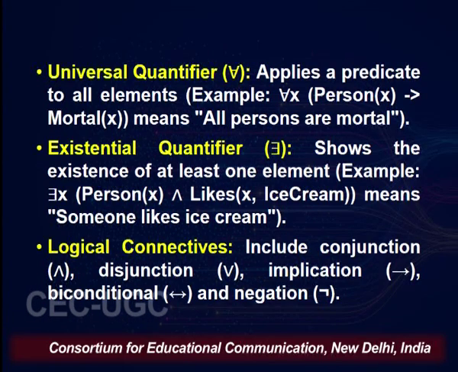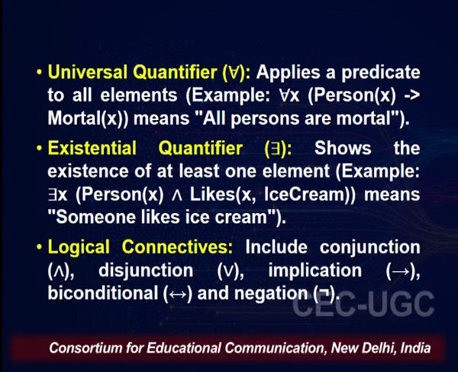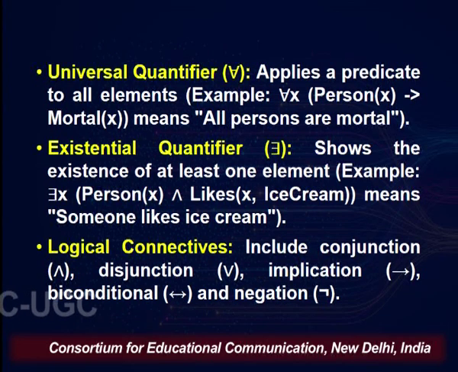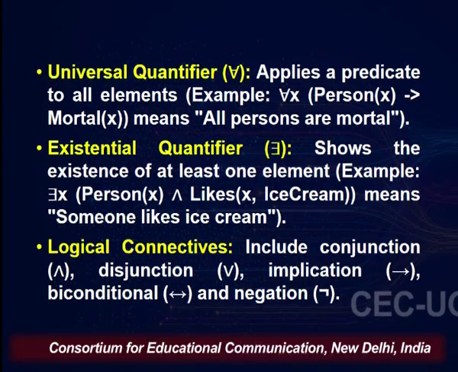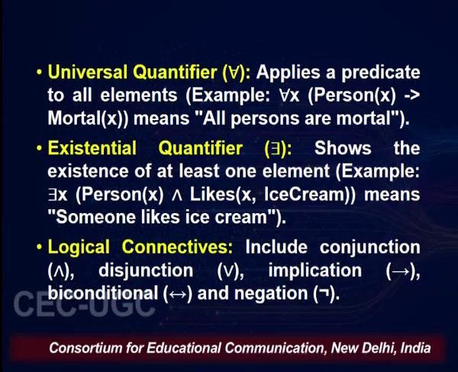Apart from that, we have already seen the logical connectives from propositional logic, and here also we have them: conjunction, disjunction, implication, double implication and negation. All those logical connectives are available here as well.